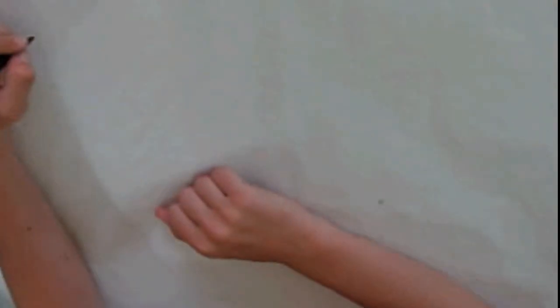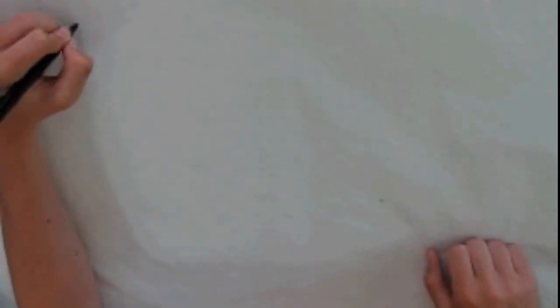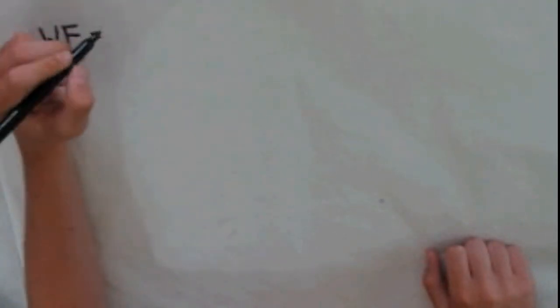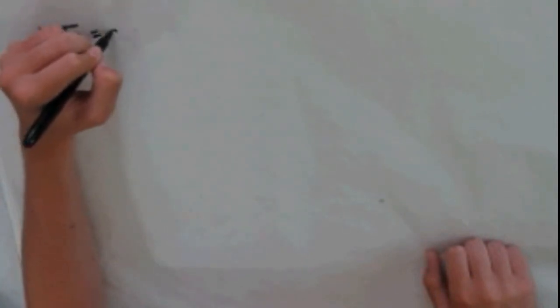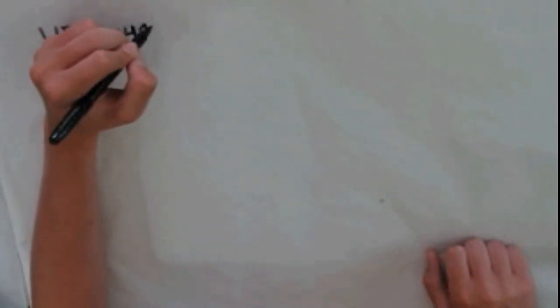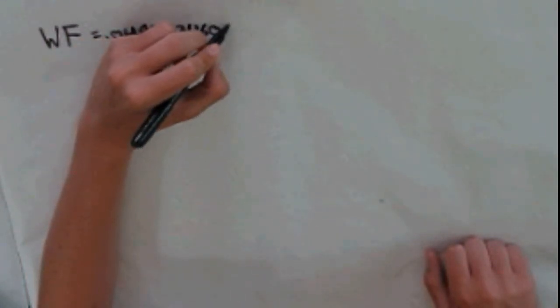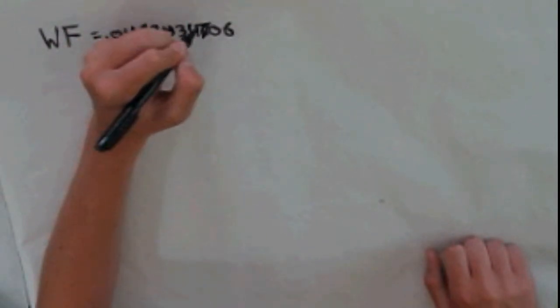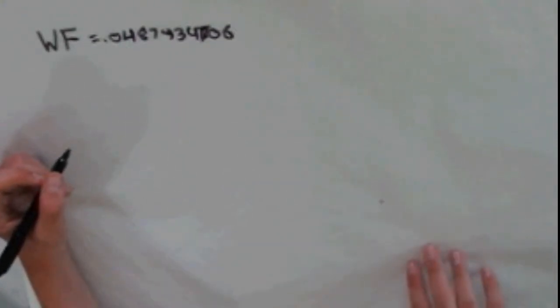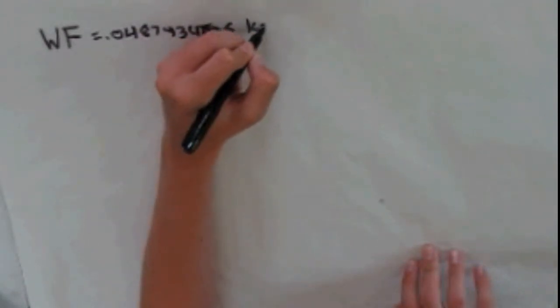So if we're going to rewrite all of the banks and the R values. At Wells Fargo, R was 0.04879347706. I like to use the full number in my calculations just because your end answer is going to be more accurate. And then the K is going to be 360 because you're compounding it daily.